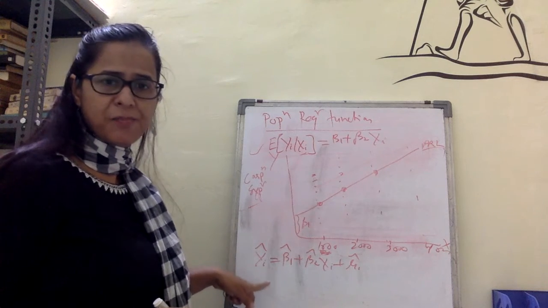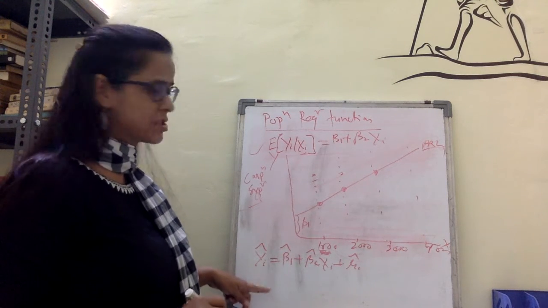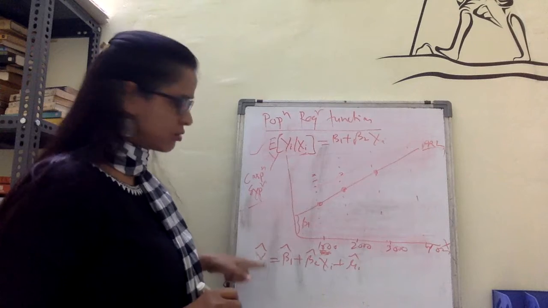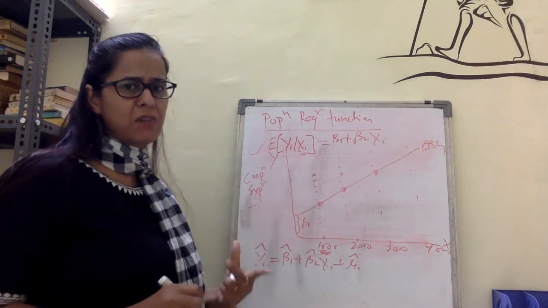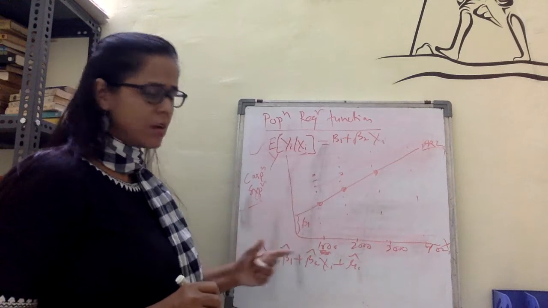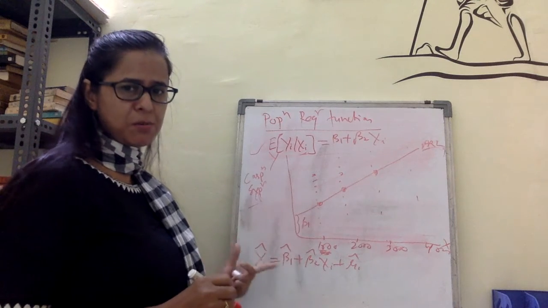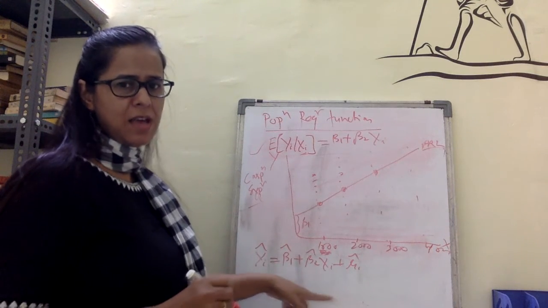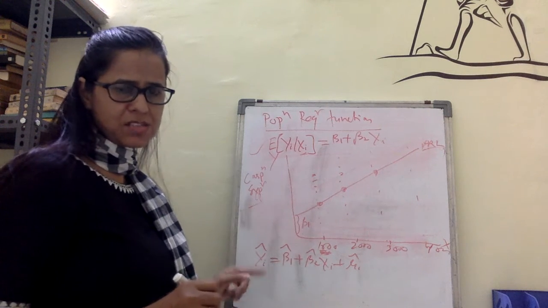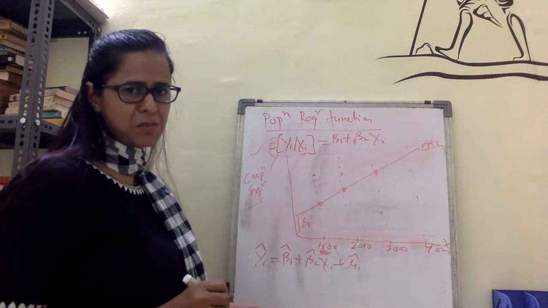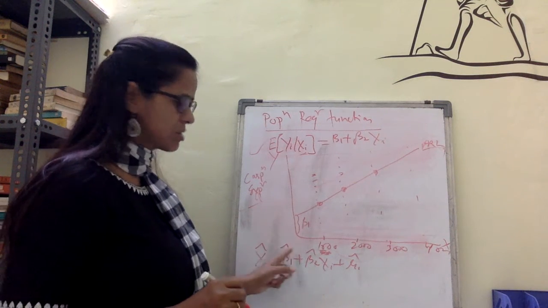We estimate this sample regression function from the population regression function. That's why there is this hat, because this is not the actual value, these are the estimated values from the population. We have drawn this sample from the population and then estimated this and predicted this y for the actual y's. So these are the predicted or estimated values, and that's why we use hat.